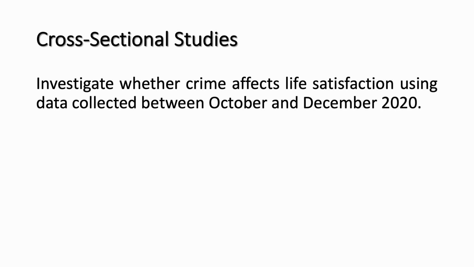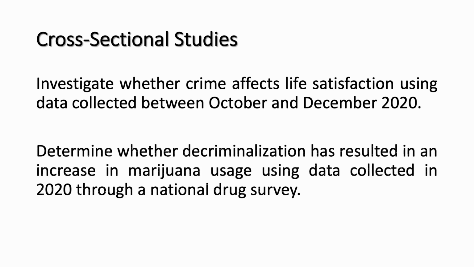As an example of a cross-sectional study, one could investigate whether crime affects life satisfaction using data collected between October and December 2020. One could also determine whether decriminalization has resulted in an increase in marijuana usage using data collected in 2020 through a national drug survey.